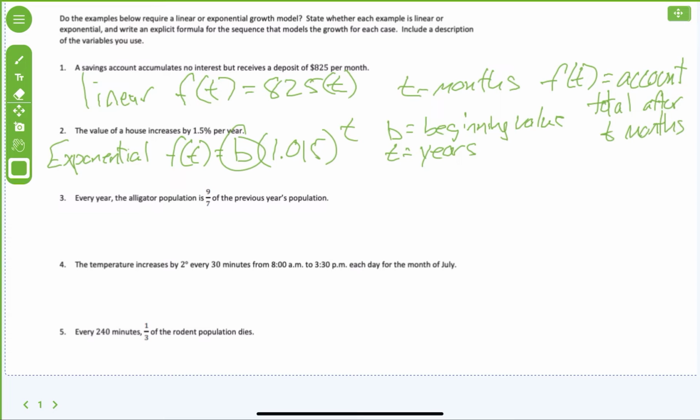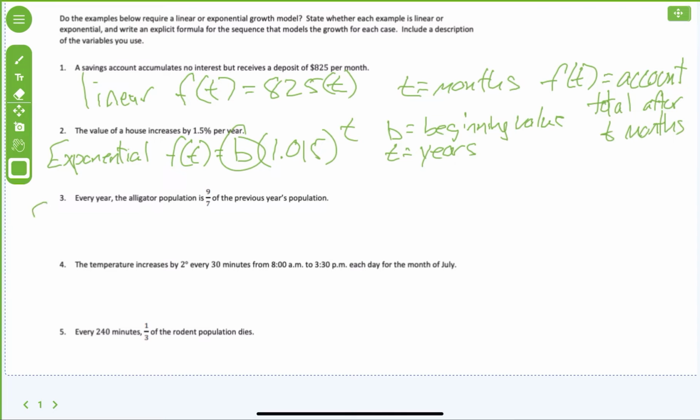Jaden, T does not equal months in number 2, T equals years. In number 1, T equaled months. Oh, you mean minus. Sorry, no, that's going to be equals. Yeah, T equals months in number 1, not T minus months. Okay. Kat said exponential?